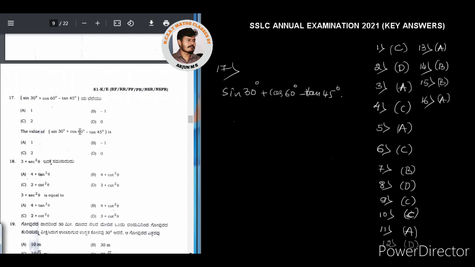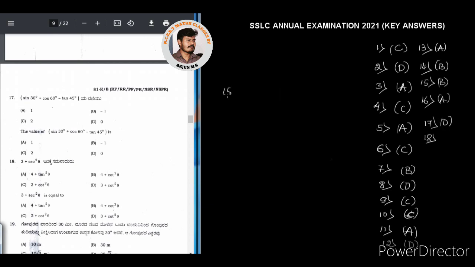The value of sine 30 degree plus cos 60 degree minus tan 45 degrees. So sine 30 degree is 1 by 2, you just observe in the standard table, and cos 60 degree is also equal to 1 by 2, minus tan 45 degree is always equal to 1. Then the sum of half plus half is equal to 1. 1 minus 1 is equal to 0. So now the answer is 0. Option D is correct for 17th question.